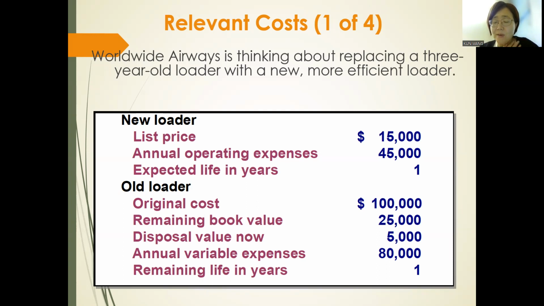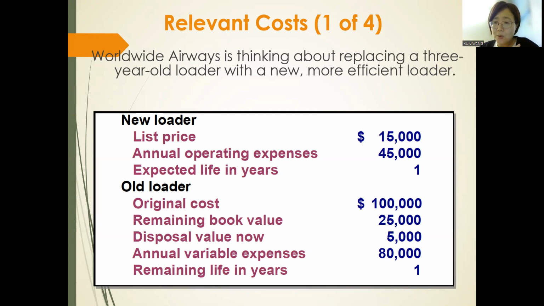So probably the revenue will be no different between the two options, right? So non-differential items are irrelevant. We focus on comparing the total operating expense or the cash flow, so minimize the cash flow or the operating expense. That's your decision criteria.